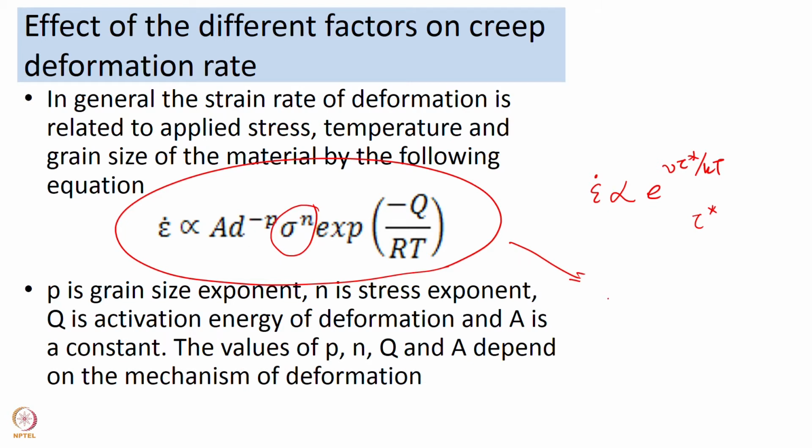This is the dependence of strain rate on sigma. At very high stresses, this relation also changes, and that is something that I am going to cover in the coming portions. At very high stresses, the dependence of strain rate epsilon dot on sigma can take an exponential form, and this is generally known as the power law breakdown, which will be discussed in the coming section.